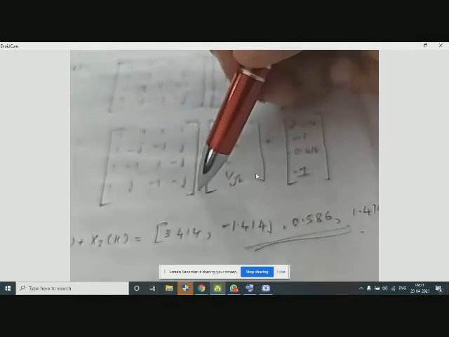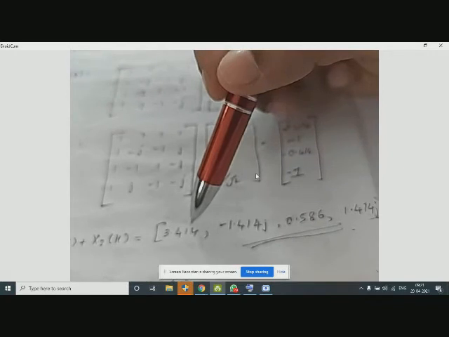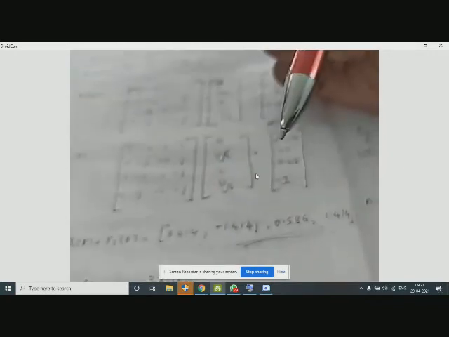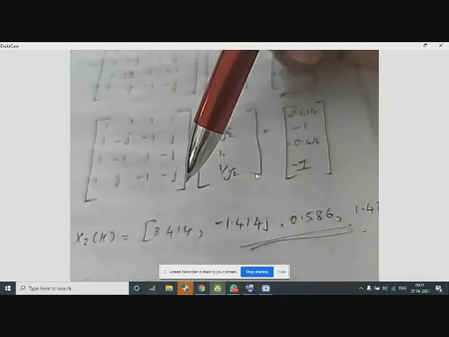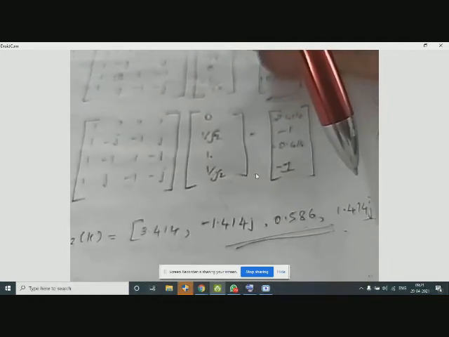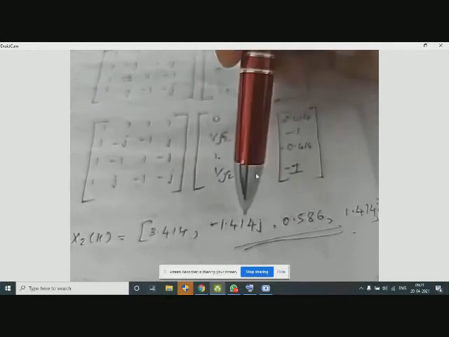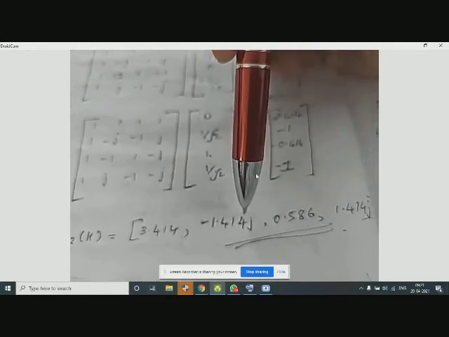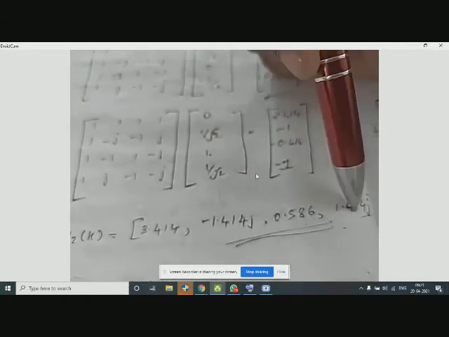If you don't bother about the imaginary terms, look at the real term. Remember this, for linearity I gave you a 4-point DFT problem. See, this is it. So 3.414. See, only two imaginary terms are there. The X of 0, X of 1, X of 2, X of 3.